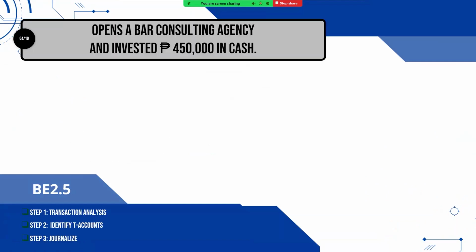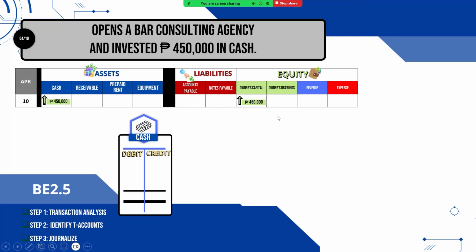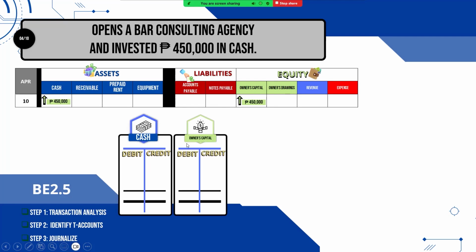First is to open a consulting agency and invest 450,000. We bring this table out just for illustrative purposes. Since you invested cash, that would be an increase of 450 for both cash and owner's capital. So we then create our T accounts: a T account for cash and a T account for owner's capital. The normal balance of an asset such as cash would be a debit.